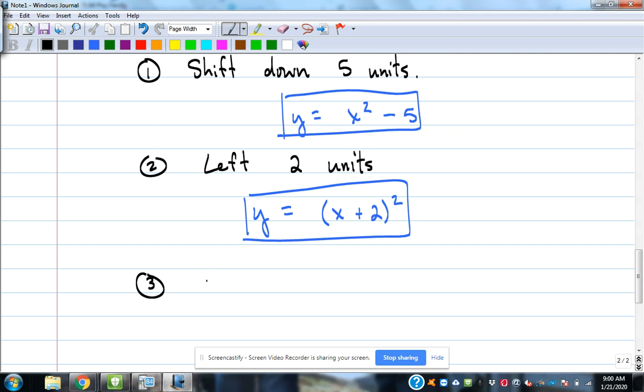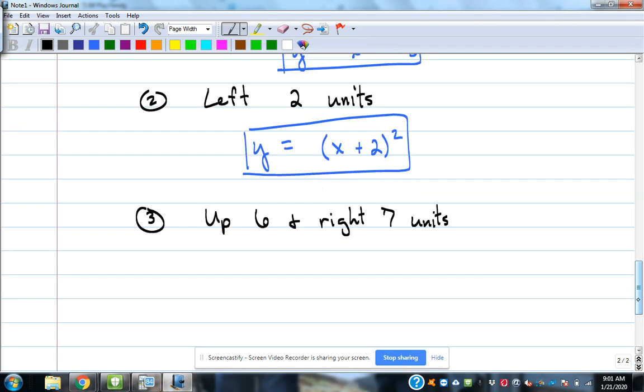Let's do up 6 and right 7. A little bit of both here. All right. So what goes in the parentheses again?